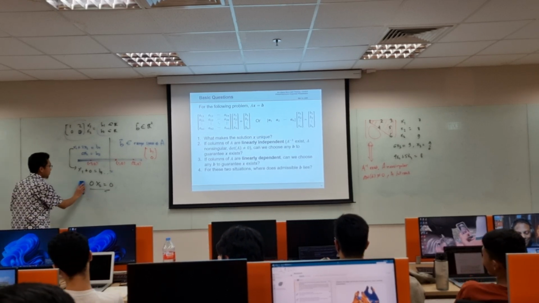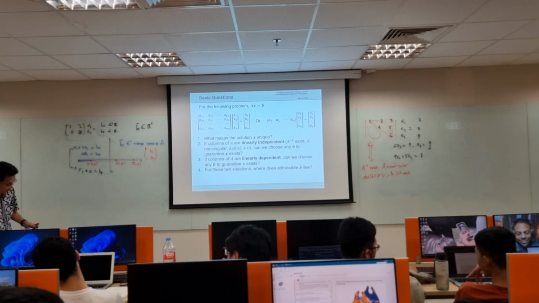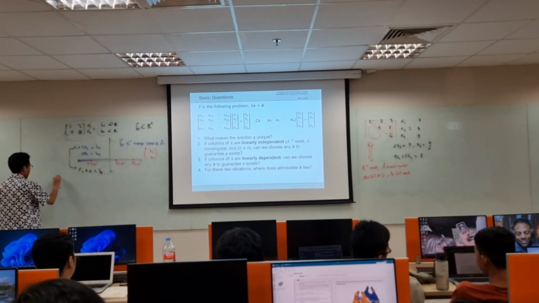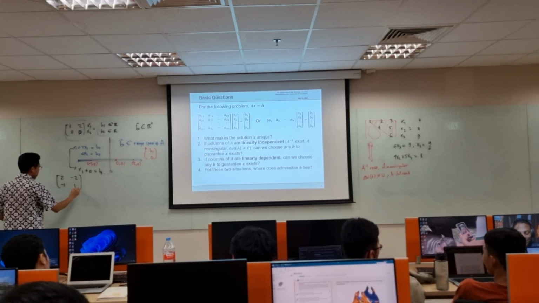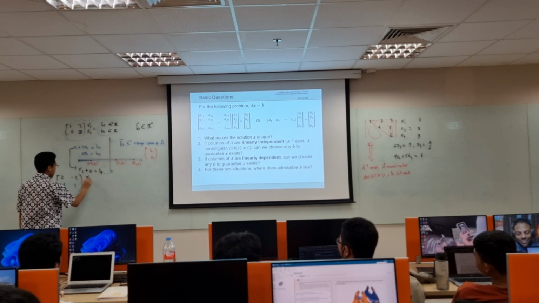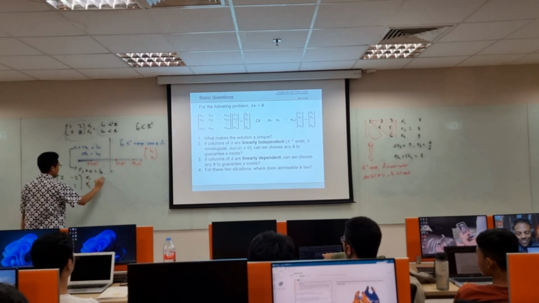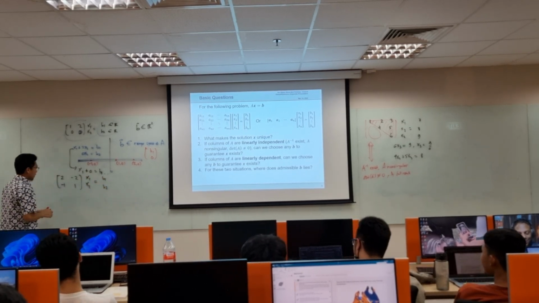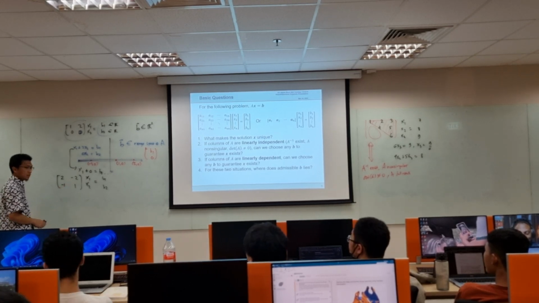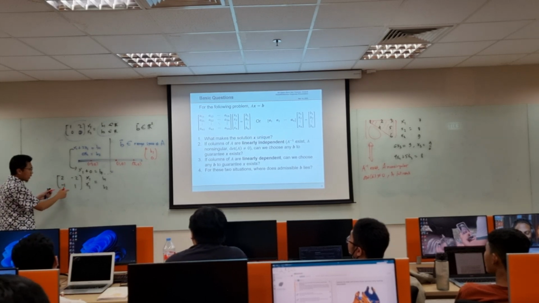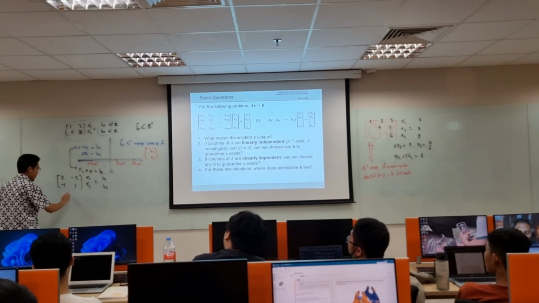Another example is this one. If I have 2, minus 2, and then minus 1, 1 like this, and then this is x1, x2. What if we row reduce the whole thing? If we want to row reduce the A, what do we do?